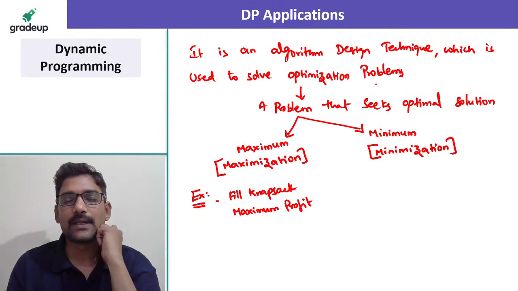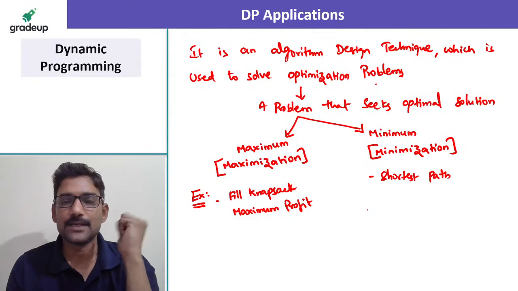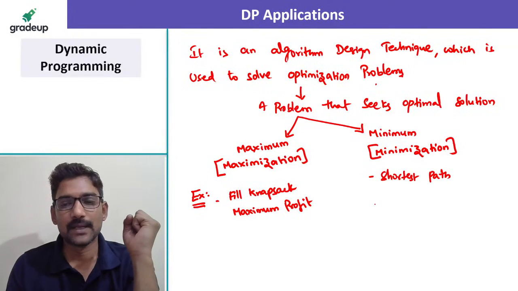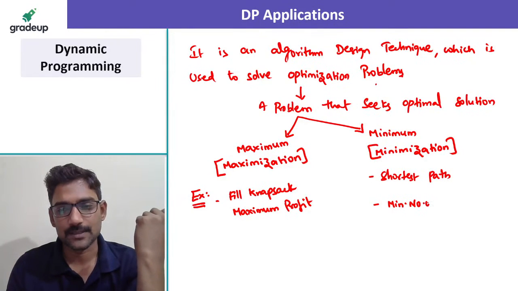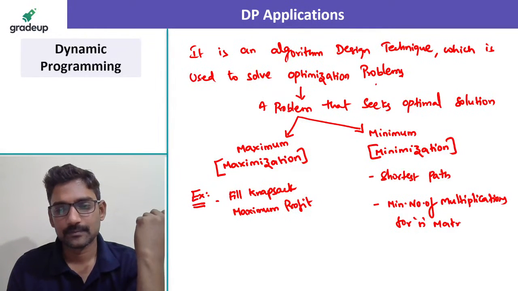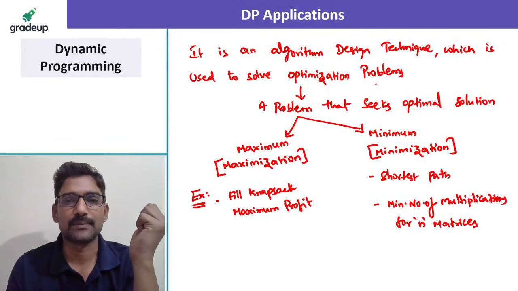Similarly, if you want to find the shortest path, that is a minimization problem. Similarly, you would like to find the minimum number of multiplications for n matrices: in what order, if we multiply, the number of multiplications is minimum.